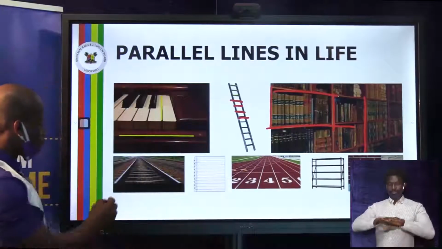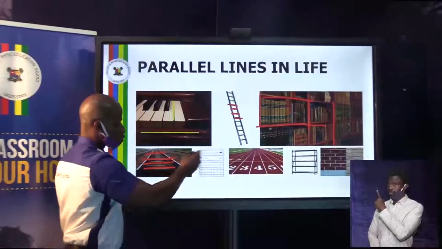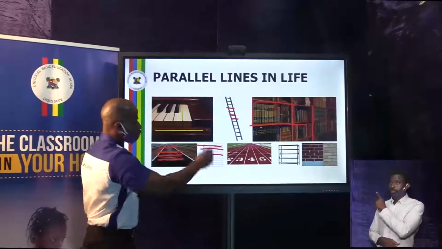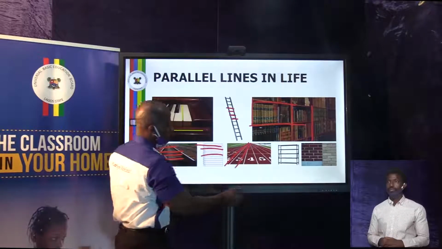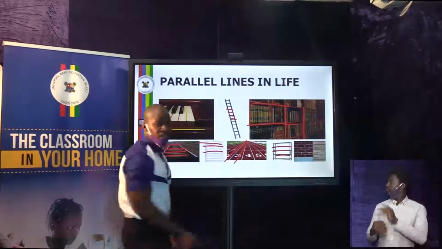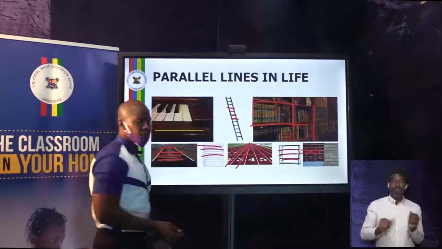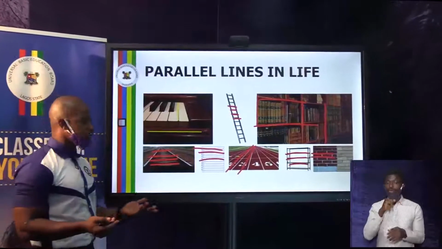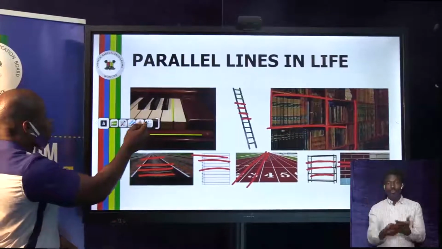You find them on the railway tracks. You find them in your notebooks. The lines are already drawn for you. You find them on the race tracks, on power racks, on the bricks along your fence. They are everywhere. In fact, if lines were not parallel, so many structures that we live in would probably have collapsed. And now moving on.